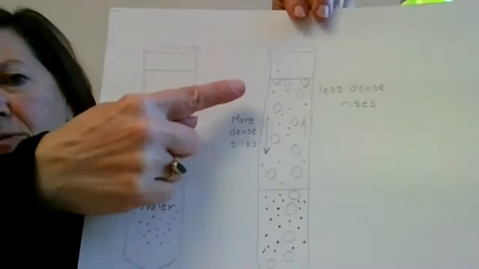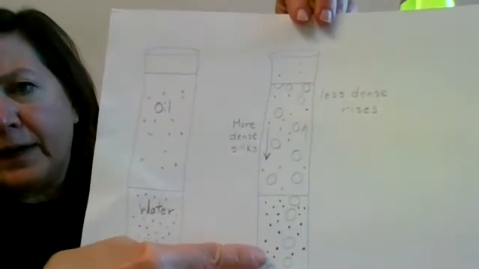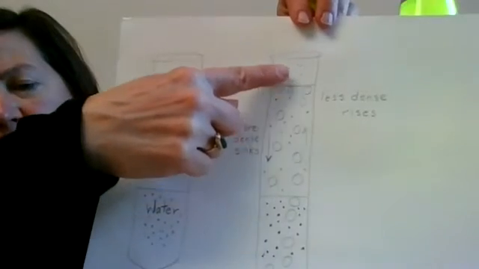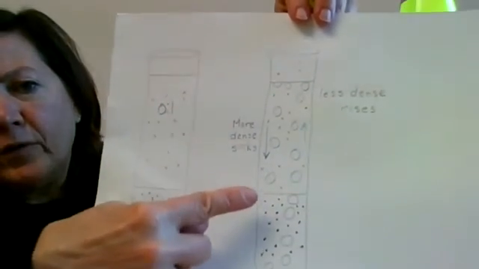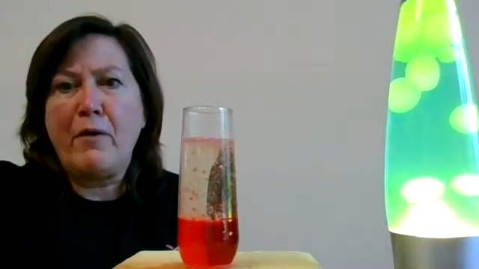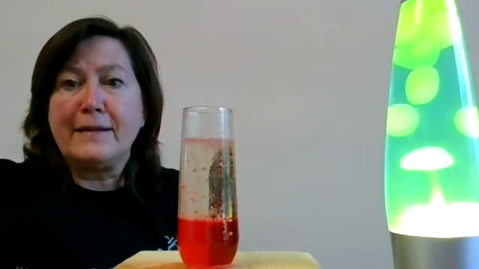And then we know it was more dense because it fell back down. Water and gas went up, less dense, and water alone fell down, more dense. That lava action that we see because density does it.